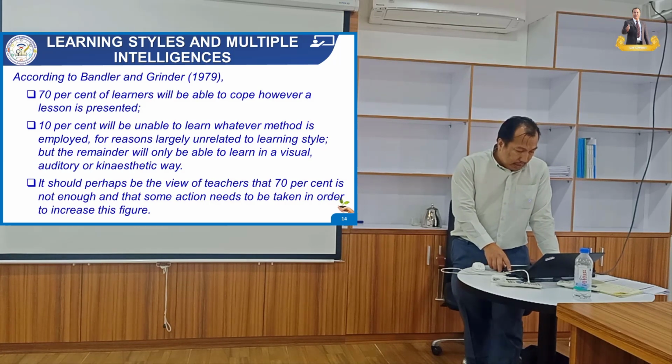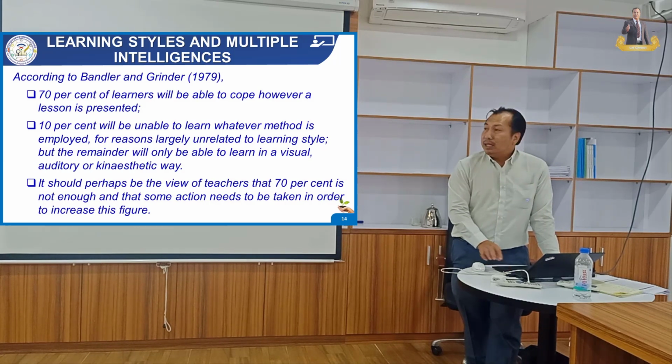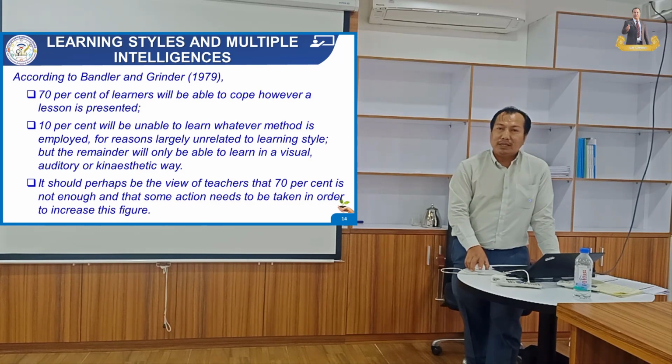It also reminds us as educators that in one class there are different styles and different learners. So one teaching approach or method may not be applicable for all. Whatever we plan is not necessarily applicable to all the other classes that we are going to teach.